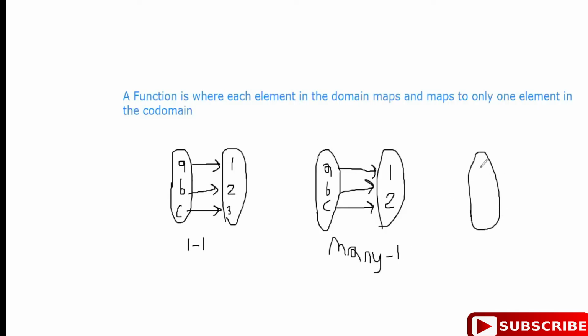Now look at this. Let's say we have A, B, C, and it's being mapped to 2 and 4. Let's say A is mapped to 2, A is mapped to 4, B is mapped to 2, C is mapped to 4. Is this a function?